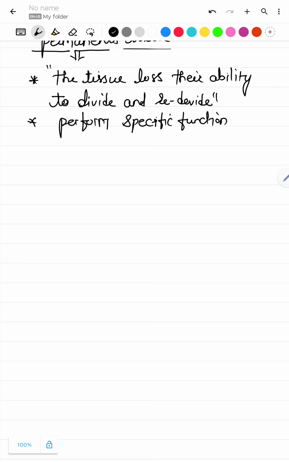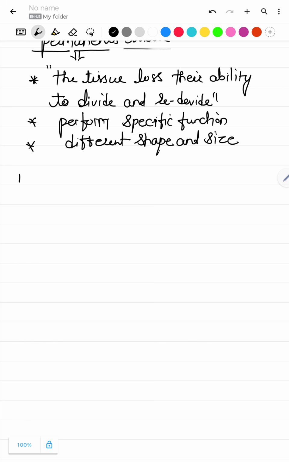The tissue also has different shape and size. So that's why such a tissue is called permanent tissue. Permanent tissue is basically of two types.